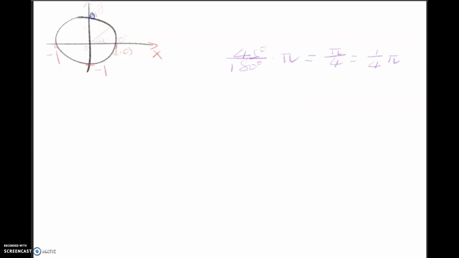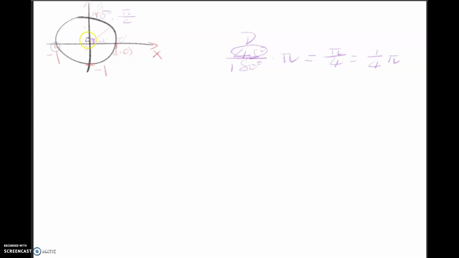On the top, on the y-axis, it will be 90 degrees, because this angle right here, as you can see, is 90 degrees. And 90 degrees can also be written as pi over 2 in radians. The same thing: you use your degrees, divide by 180, multiply by pi.